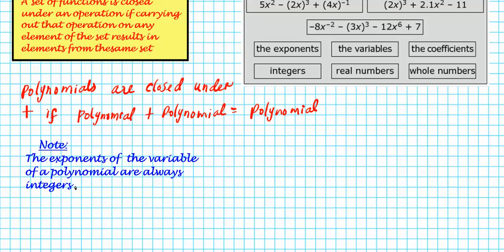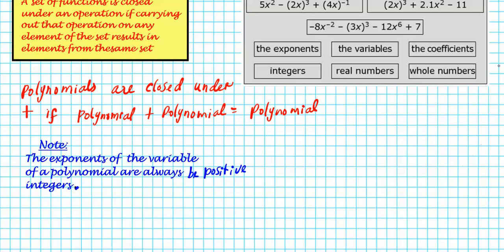When they become negative, you have a rational function. So if you want to ensure that a function is a polynomial function, all the exponent terms must be integers. They must always be positive integers in order for the expression to be a polynomial.